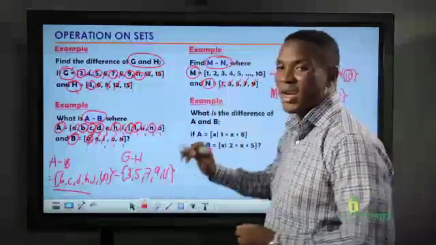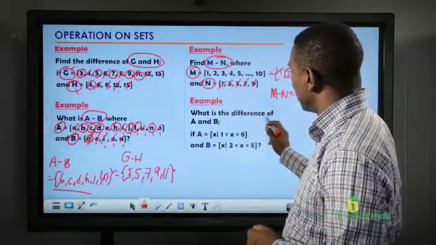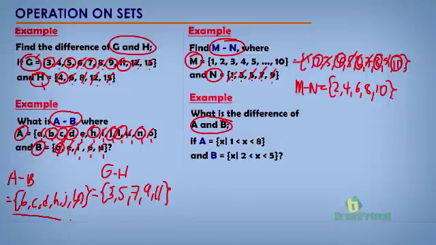Let's take a look at our last example here. What is the difference of A and B? A is given to us as the set of all x such that x is in the range between 8 and 1.